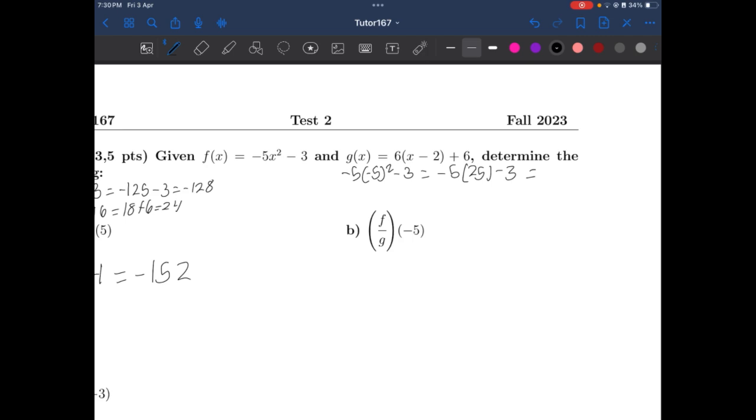This is negative 128. And then g, that's 6 times negative 5 minus 2 plus 6. That's 6 times negative 7 plus 6. That's negative 42 plus 6. That's negative 30.